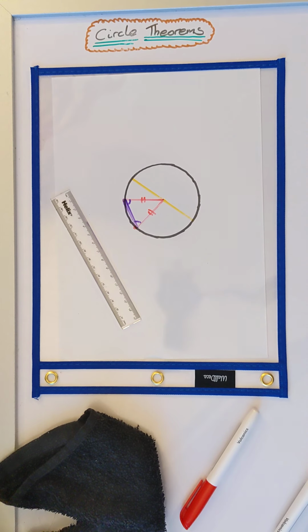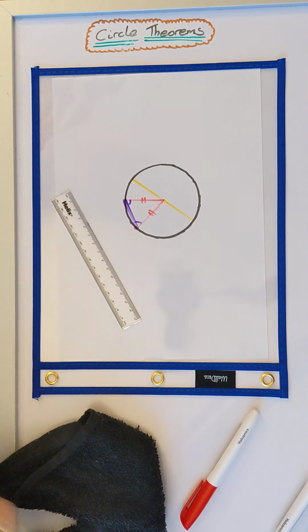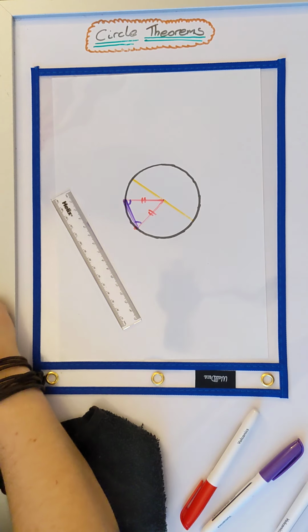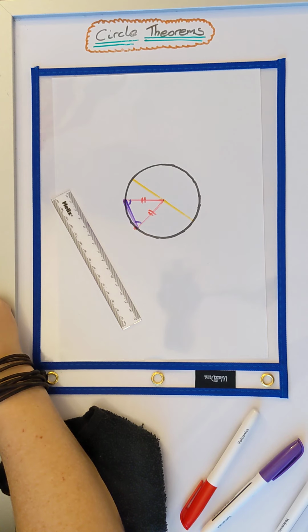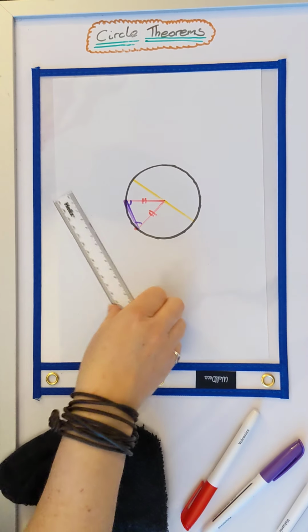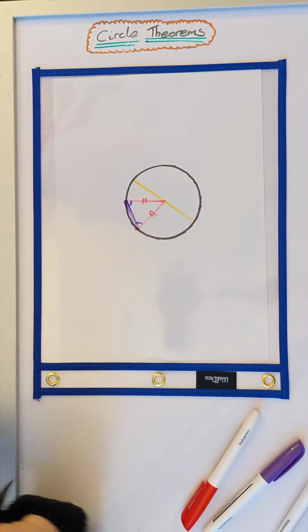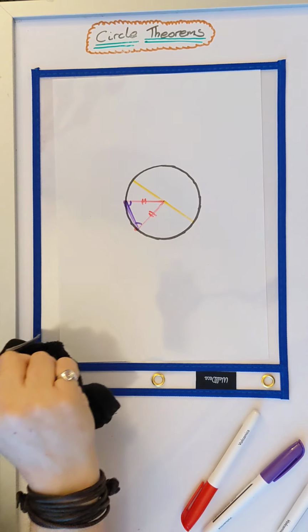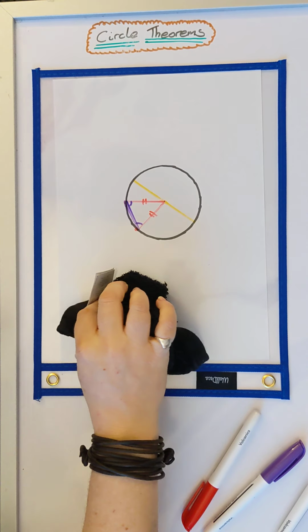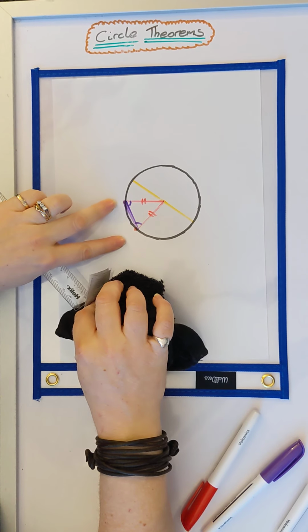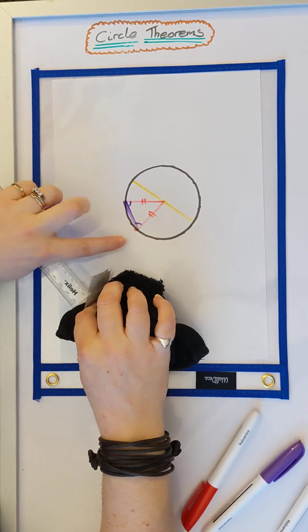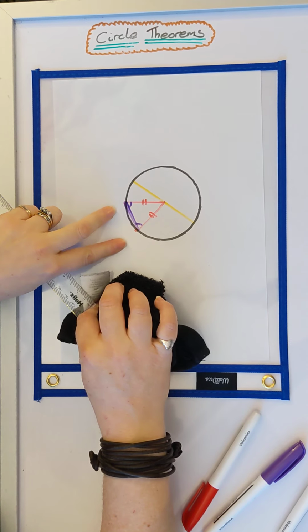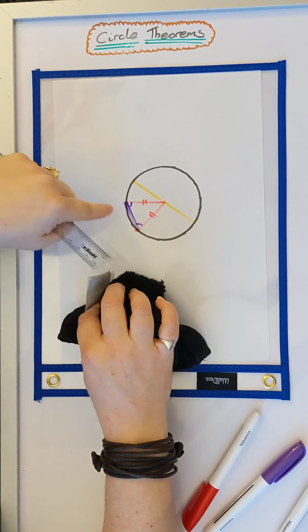Remember, the properties of an isosceles triangle: a triangle with two equal sides or two equal angles. These properties come in very handy in certain questions. So radii to two points on the outside edge will always give us an isosceles triangle.